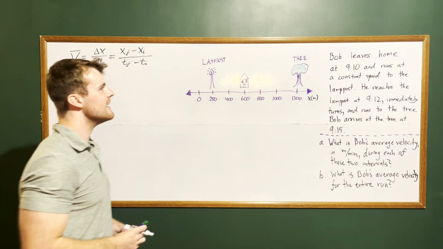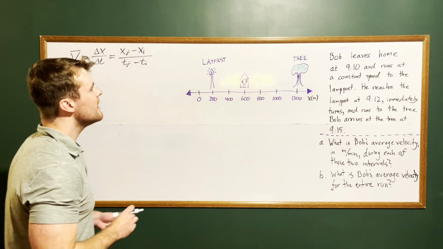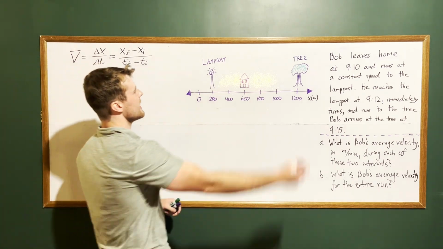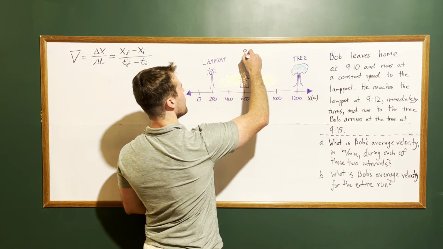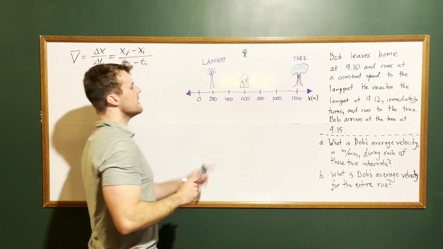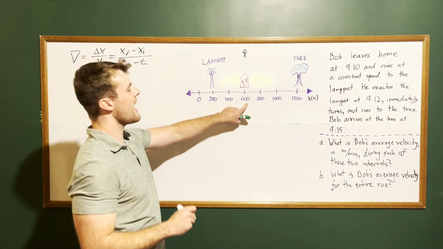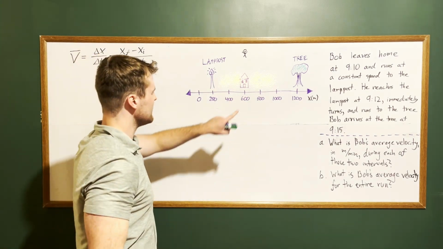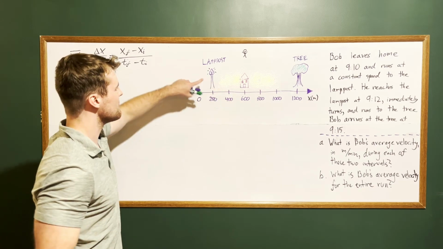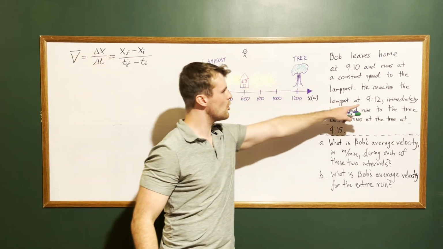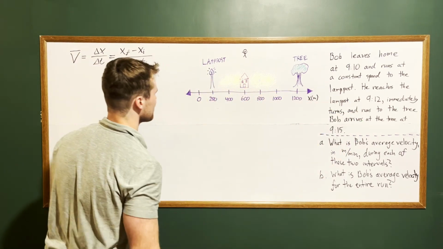So for part A, which we're going to tackle first, Bob leaves home at 9:10. So he starts at x sub i, initial displacement equals 600, and he goes to the lamppost, and it takes him 2 minutes. Let's write that down in terms of math.